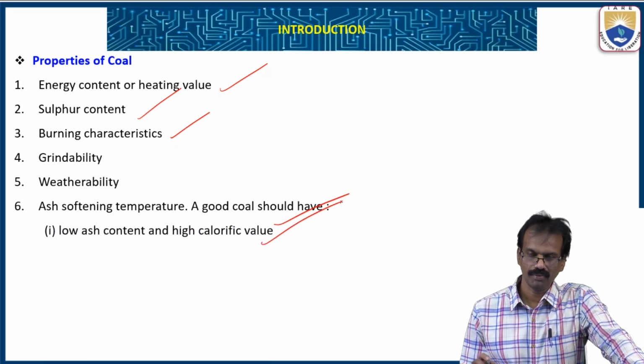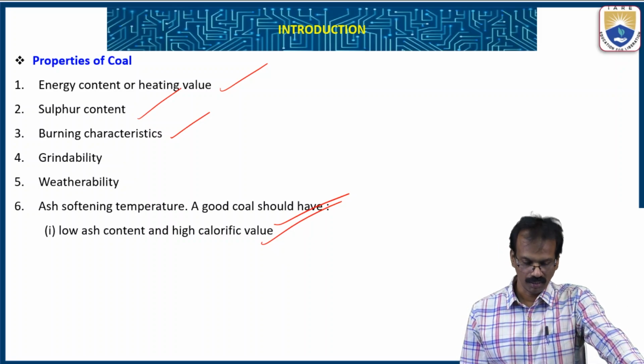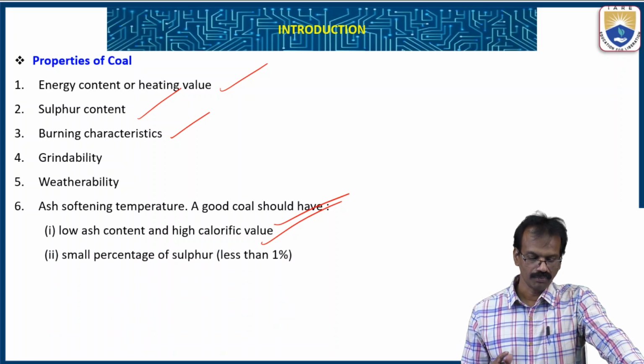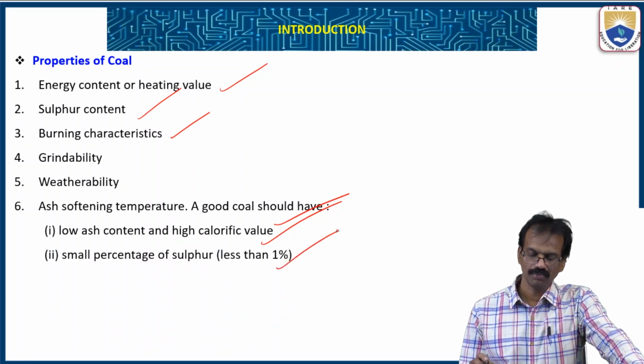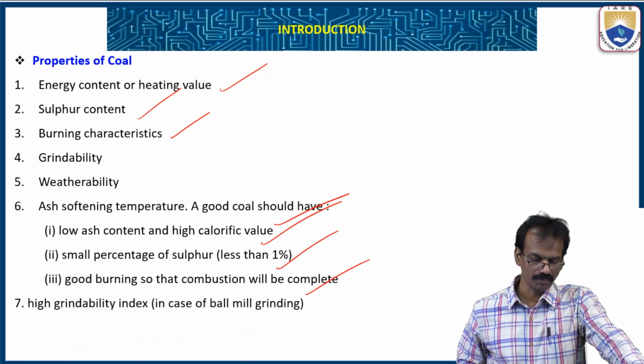A good coal should have a low ash content and a high calorific value. So ash content is less and calorific value is very high. Second, a small percentage of sulfur, less than 1%. Third, good burning so that combustion will be completed.